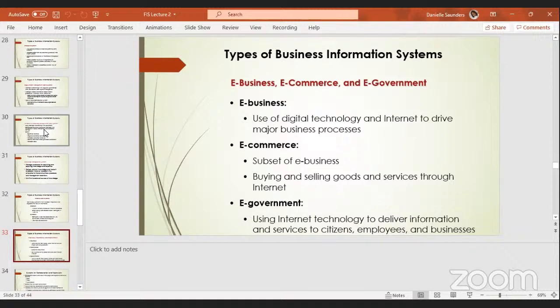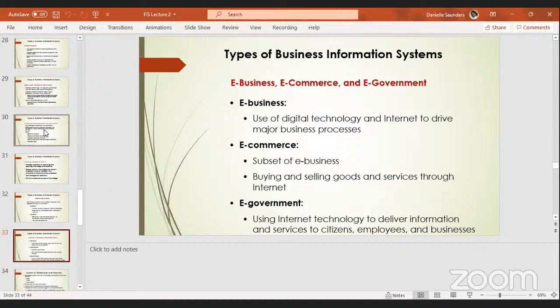We can think of business through networks, and so the big concept is e-business. E-commerce is a subset of e-business. E-business is any kind of technology that facilitates business processes, which includes e-commerce. In e-commerce, there are many types: B2B, B2C, C2C.